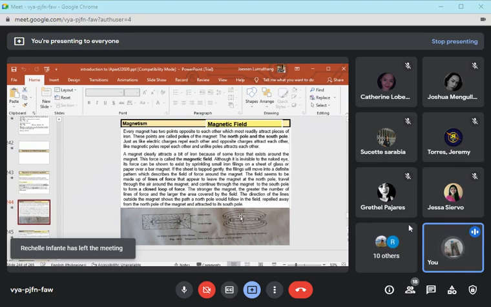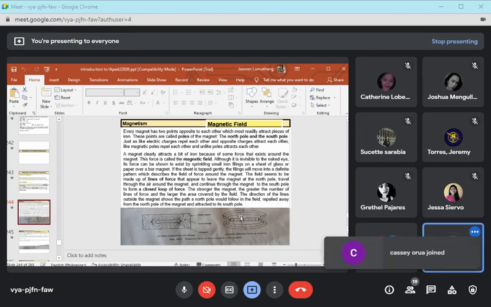So the magnetic lines are where you will see that there is magnetic force. And that area is the magnetic field, because that is where the magnetic force is.